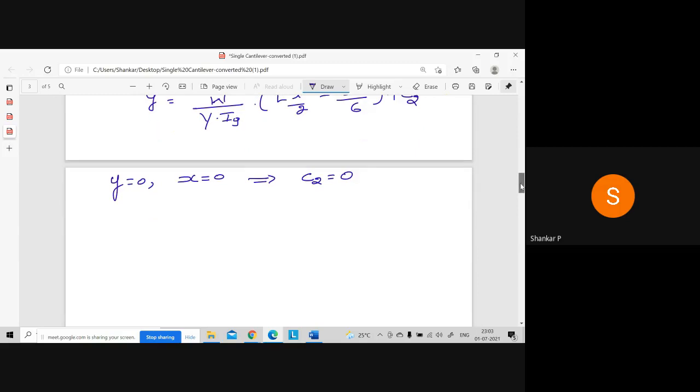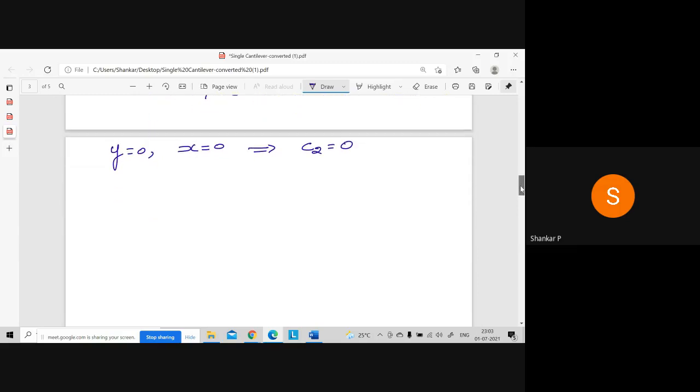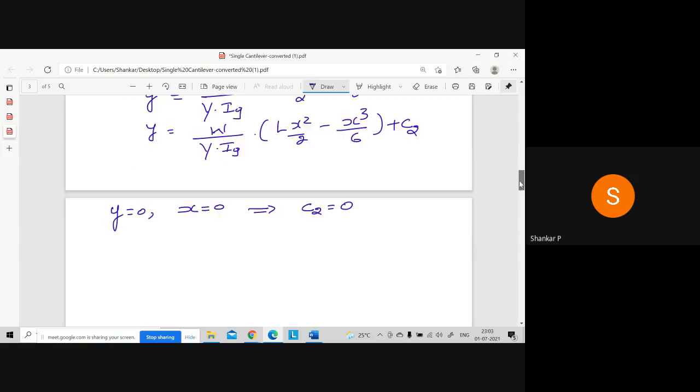So using the value of c2, we can write y is equal to w by capital Y into Ig, L x square by 2 minus x cube by 6.